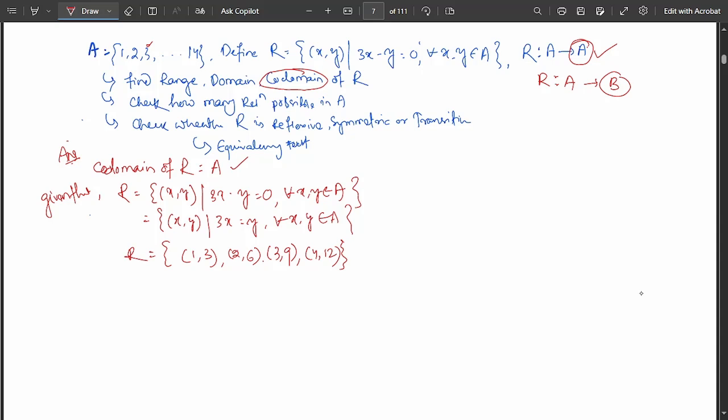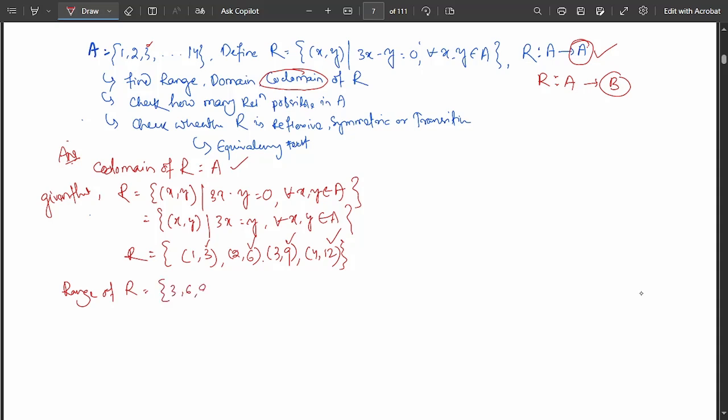Now from the definition of range, I have clearly stated that the set of all second elements of the ordered pairs in R is the range set. So here the range of R will be the set of second elements, that is 3, 6, 9 and 12.